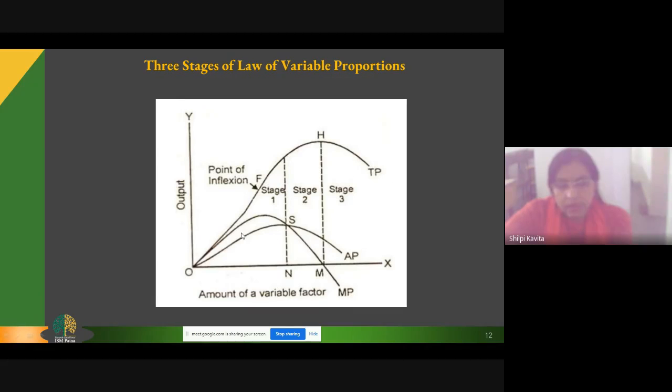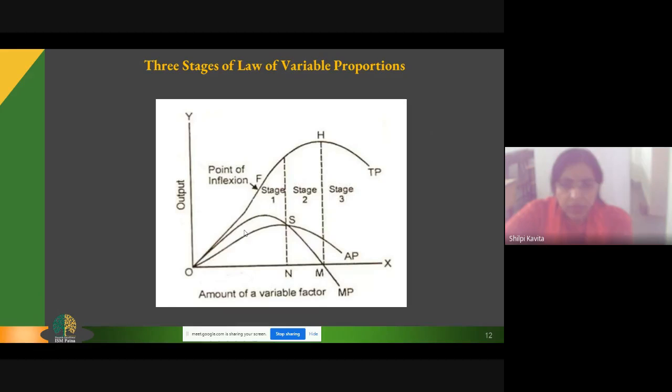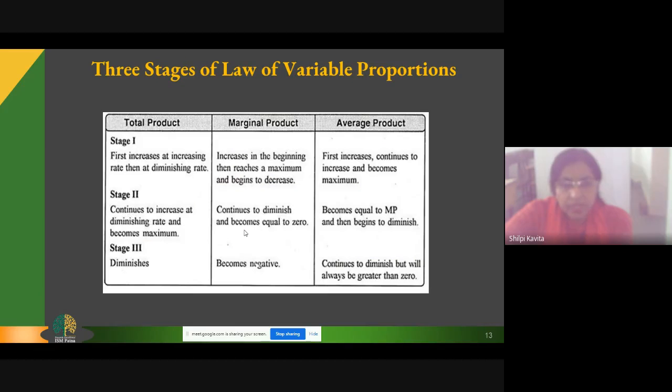This graph is also telling the same story about stage 1, stage 2, and stage 3. We'll see the behavior of the total product, marginal product, and average product through the concept and through the graph. So in stage 1, we see the total product first increases at an increasing rate, then at a diminishing rate.